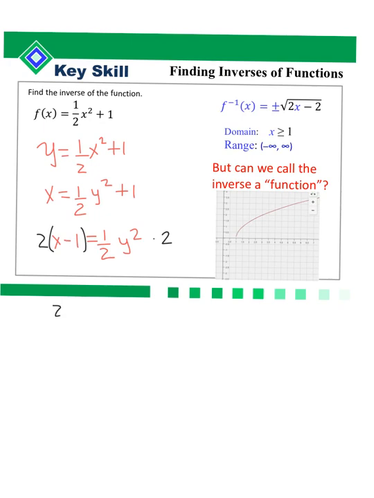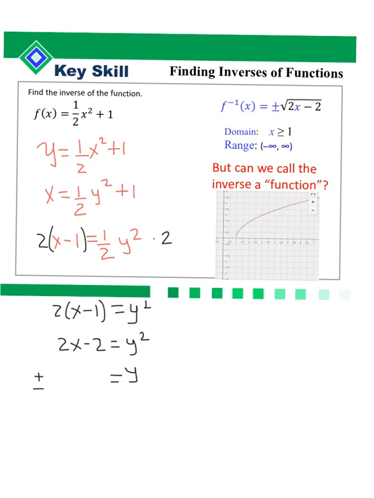So I get 2x minus 1 equals y squared. And I could simplify, this is the same as 2x minus 2 equals y squared. So then y is going to be plus or minus, I get a square root.